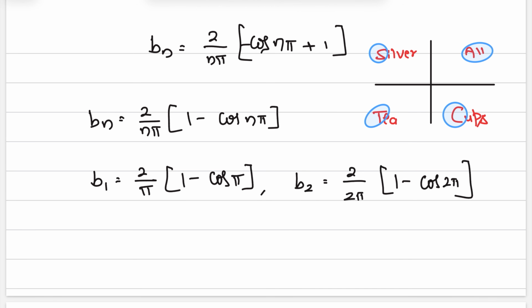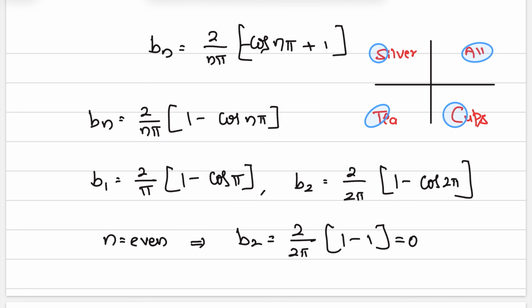Cos 2 pi is cos 0, 1. This way, when n is equal to even, that implies B2 is equal to 2 by 2 pi into 1 minus cos 2 pi, is cos 0, that is 1, that is equal to 0. That means when n is equal to even, Bn is equal to 0.